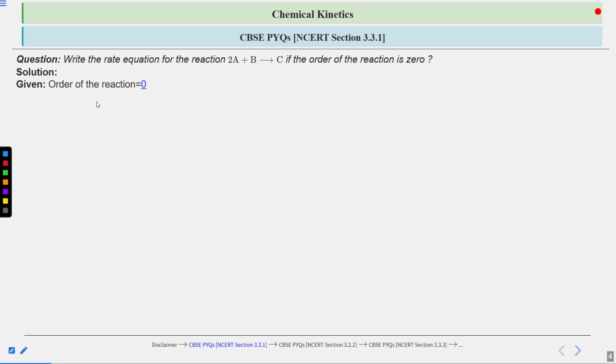So what is the given thing? That this reaction is of zero order. This is the only help we have been given. So the given thing is that the order of the reaction is 0.